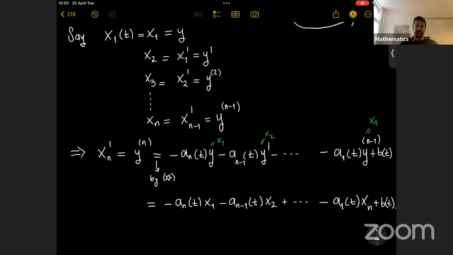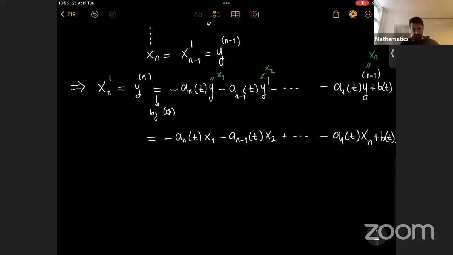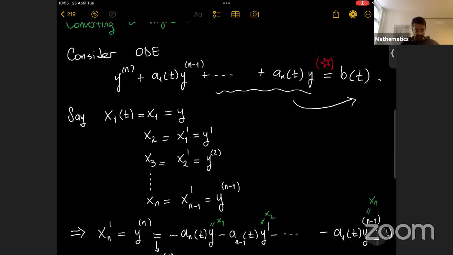Now we can write the system using this. Let's rewrite all the derivatives. x1 prime, remember it was x2. It was given here, right? x1 prime is y prime, and y prime is equal to x2, okay? This tells you that x1 prime is equal to x2.